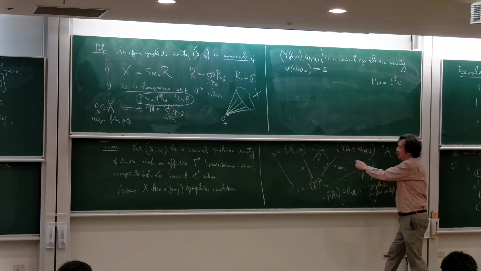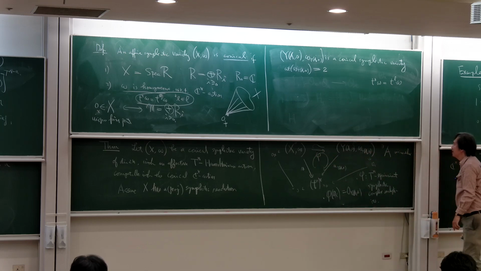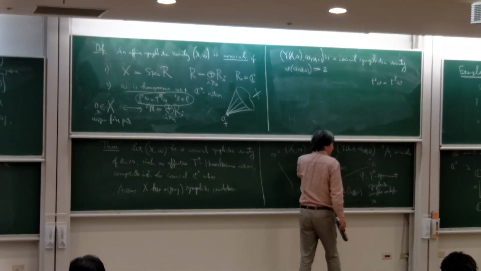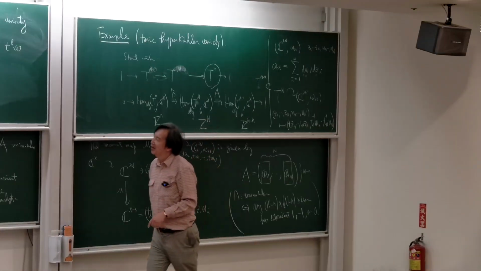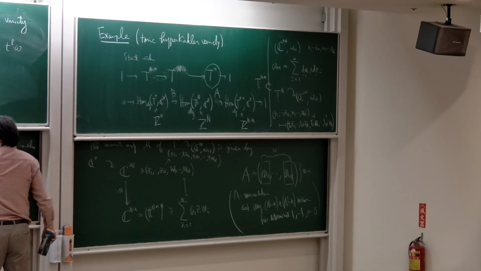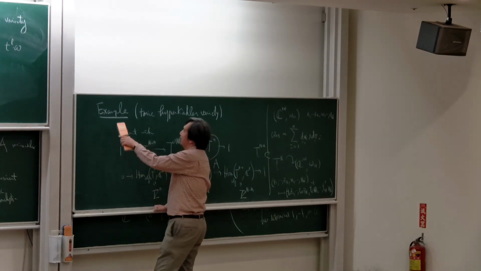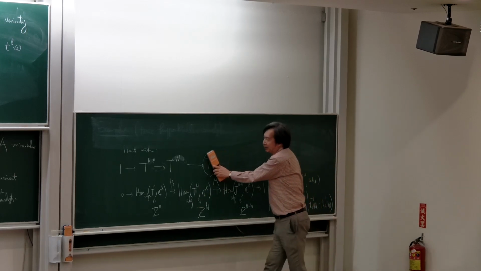Then phi becomes an algebraic isomorphism. But at this moment, I cannot say that this is not algebraic. And yes, this is the theorem. So in the remaining time, I will explain the outline of the proof.